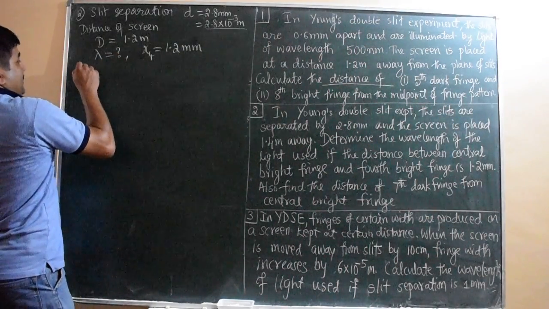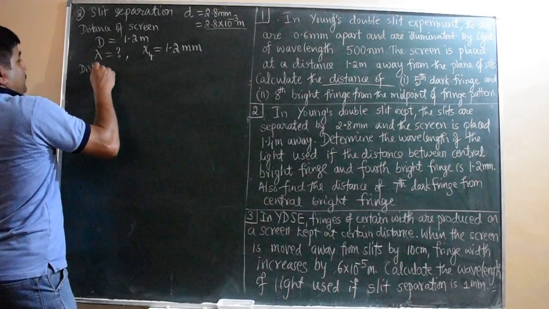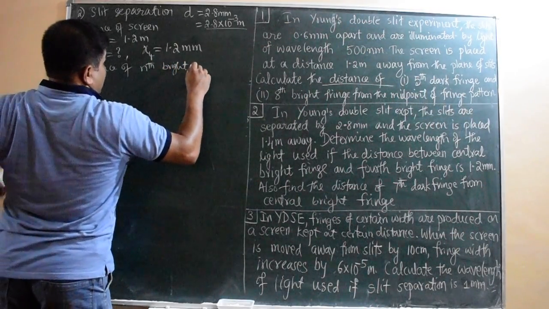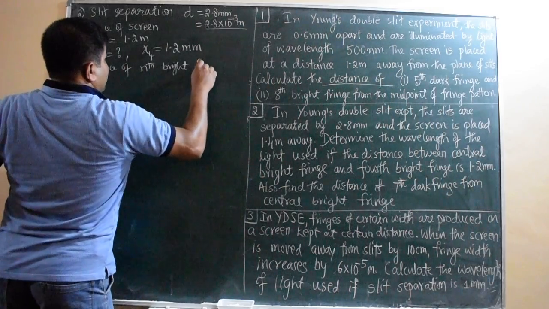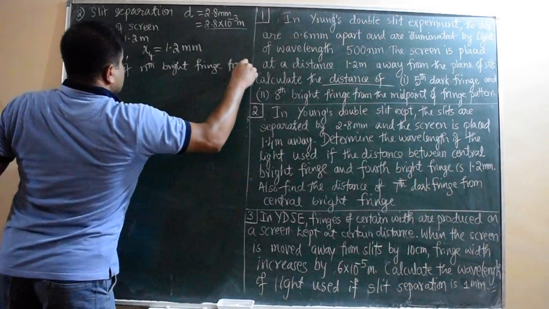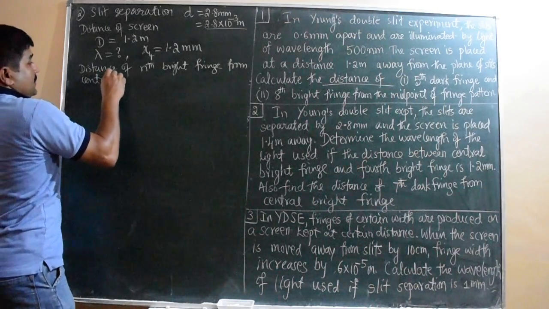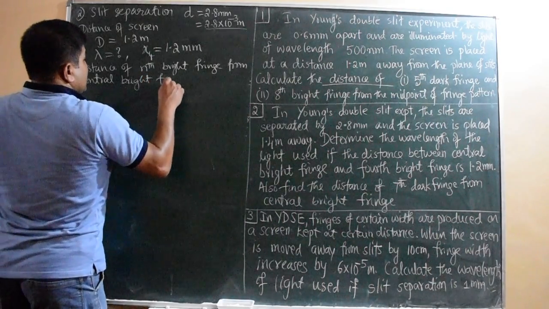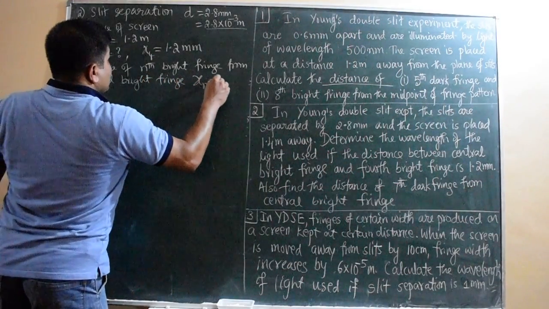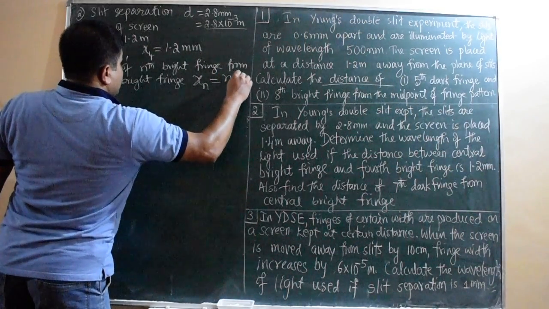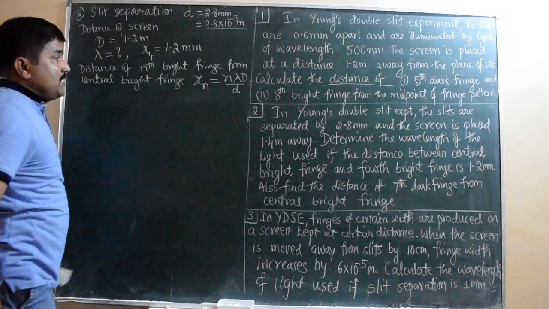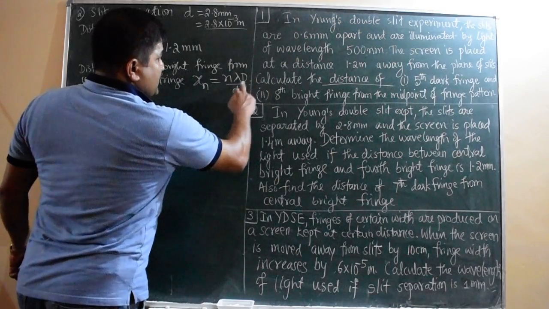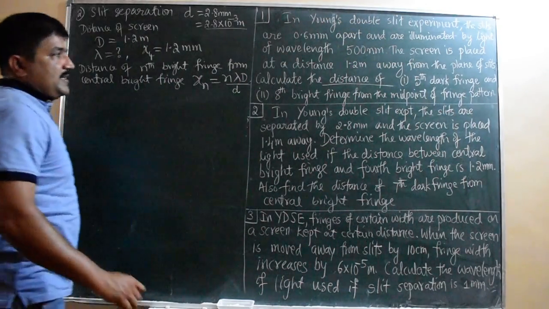Now the formula. Generally the distance of the nth bright fringe from the central maximum, the central bright fringe, is xn equal to n lambda D divided by small d, where capital D is the distance of the screen and small d is the distance between the slits, or slit separation.